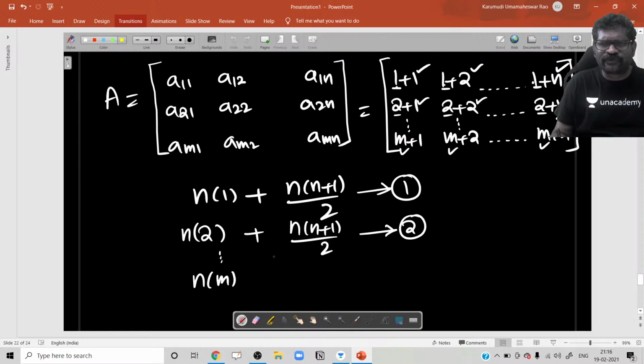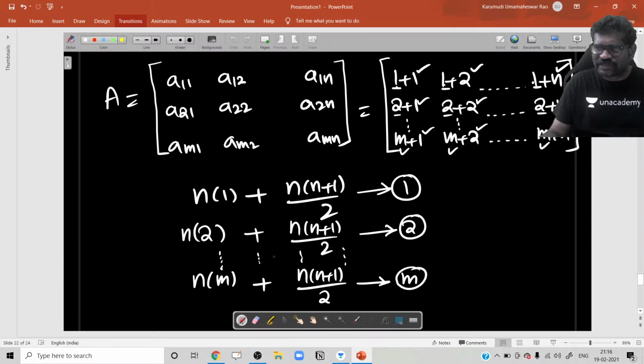N number of m's plus 1 plus 2 plus and so on n, which is n into n plus 1 by 2. Call it the mth equation, because the mth row is the last row.